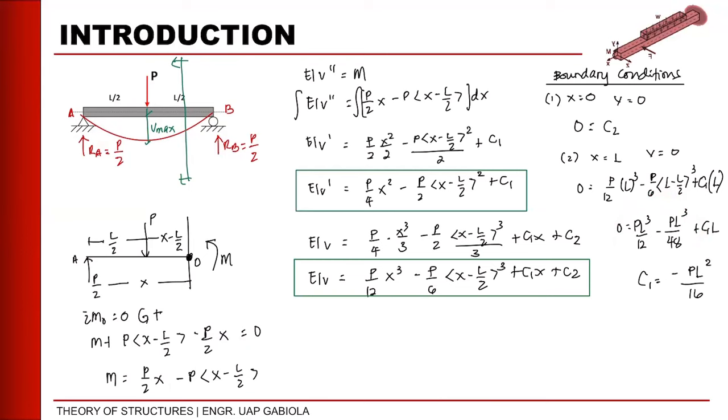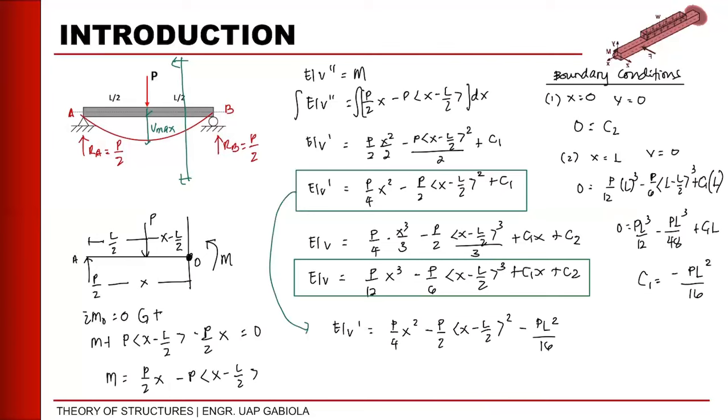So, yung slope and deflection equations natin, we can rewrite it now as a full equation na wala na tayong arbitrary constants. Okay? So, for our slope muna, okay? For our slope, our equation will be EIV prime is equals to P over 4 x squared minus P over 2 x minus L over 2 squared, and then kung ano yung value ng C1, negative PL squared over 16. So ito yung ating slope equation.